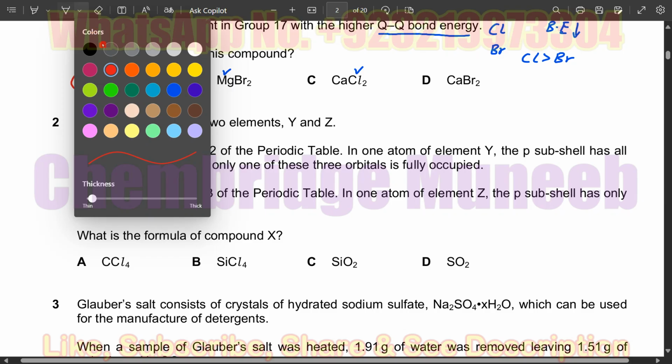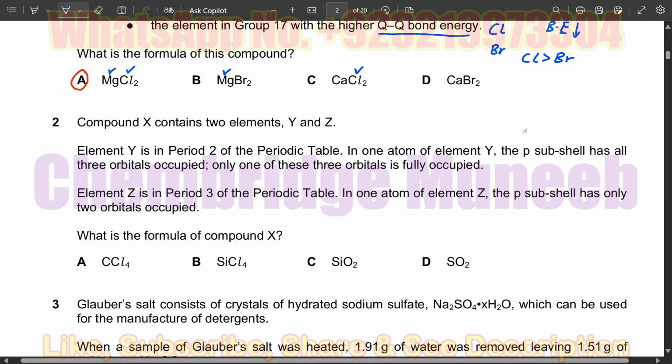The p subshell, as we know, contains three p orbitals: px, py, and pz, and it says that all three are occupied, which means they can contain either one or in fact two electrons in all of them, either one each or two each or any random combination. But it has clarified that only one of these three is fully occupied.